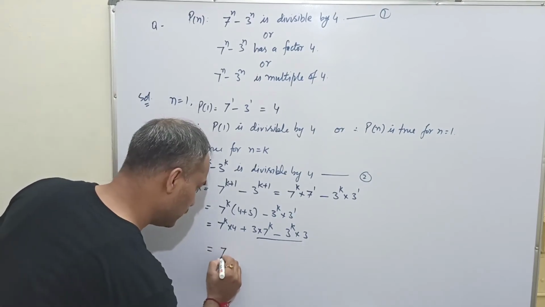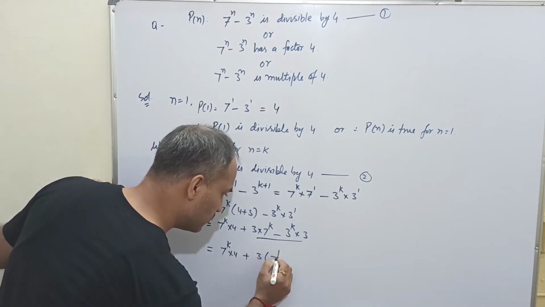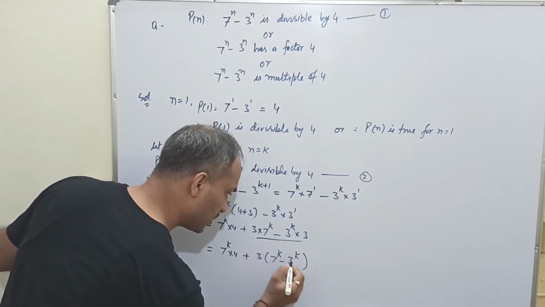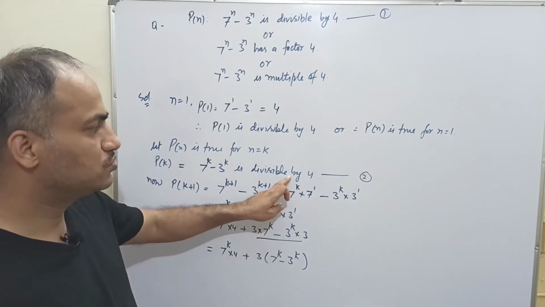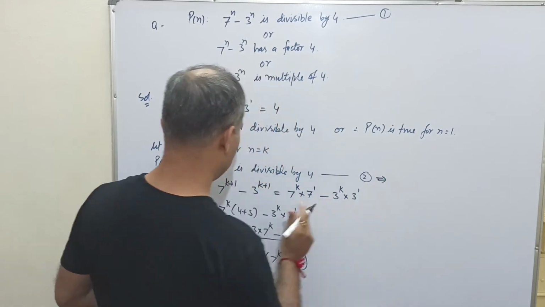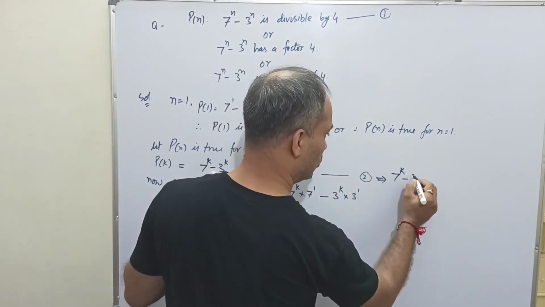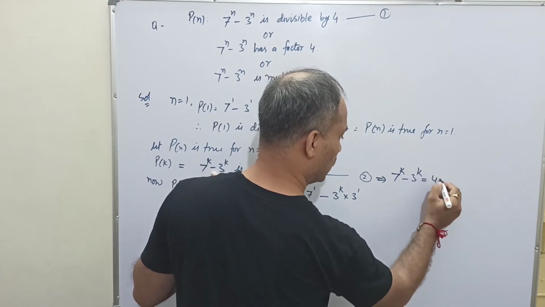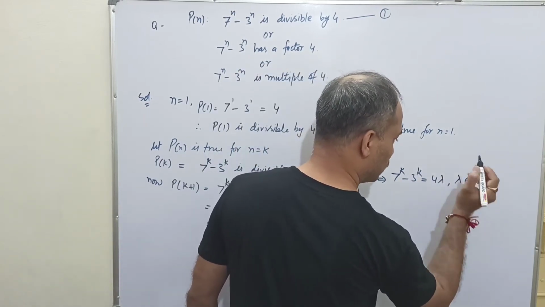So this becomes 7 to the power k into 4, plus 3 common, (7 to the power k minus 3 to the power k). Okay guys, so this value we already know by equation 2 that it is divisible by 4. Let us say that 7 to the power k minus 3 to the power k is equal to 4 into a natural number, 4 lambda, where lambda is any natural number.